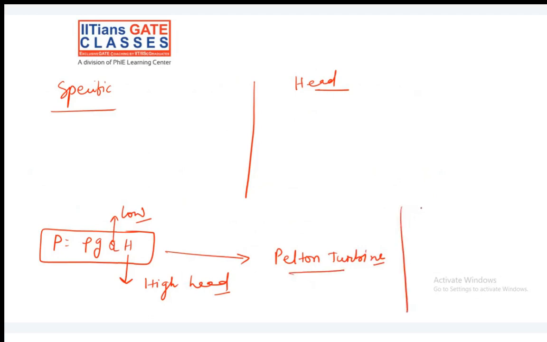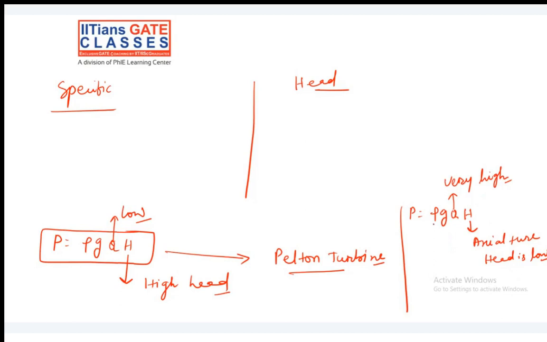Similarly, in the case of power is rho g Q H, in the axial turbine, what happens is head is very low. If head is low, then I can say that Q, discharge, is very high. So they might ask you a question on whether an axial flow turbine is high head, low head, high discharge, low discharge.